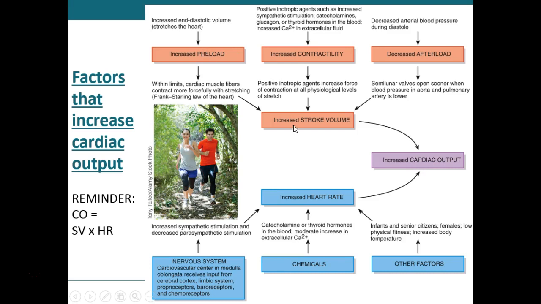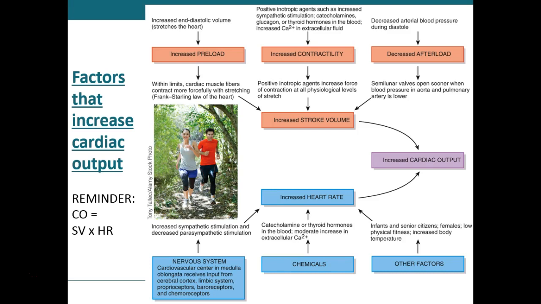Factors that increase stroke volume, such as increased preload, increased contractility, and decreased afterload, are going to increase stroke volume. So all of these factors increase cardiac output. And if you had a decrease in these factors, they would in turn decrease cardiac output.